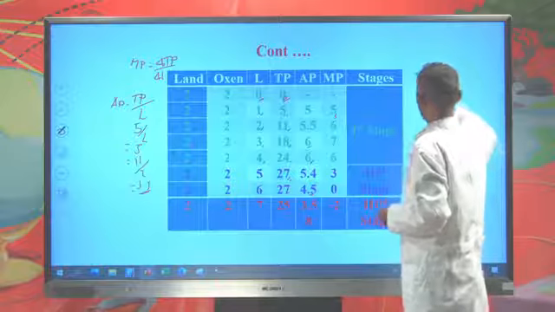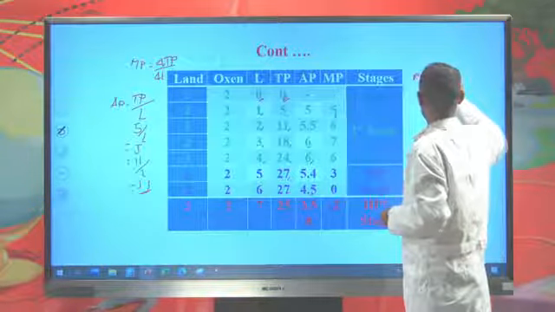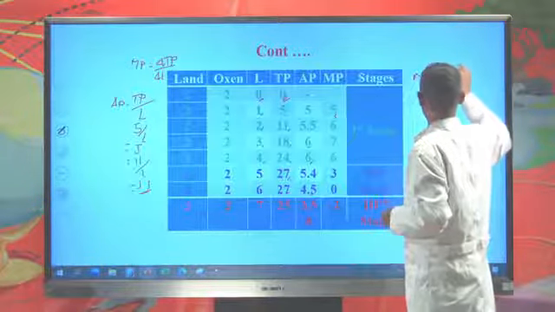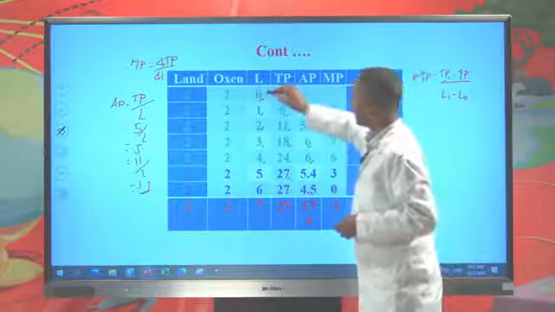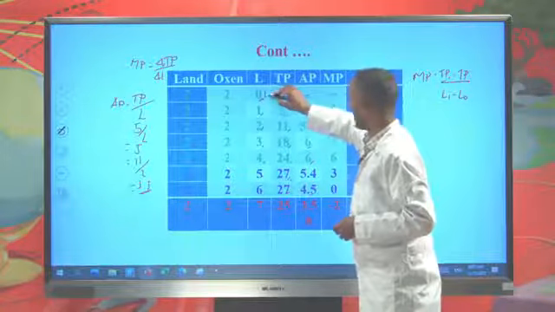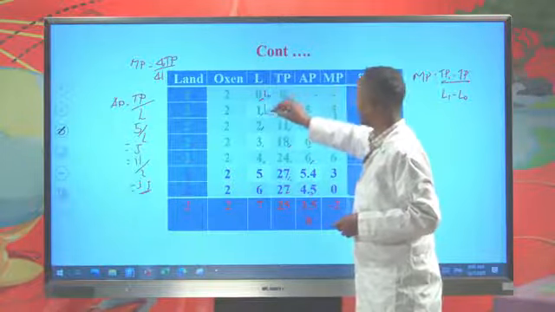Mathematically, the marginal product is calculated by dividing the change in TP, which is TP final minus TP initial, by the variable input labor final minus the variable input labor initial, which is the change in labor. So let's take this 0 as labor initial and this 1 as labor final.